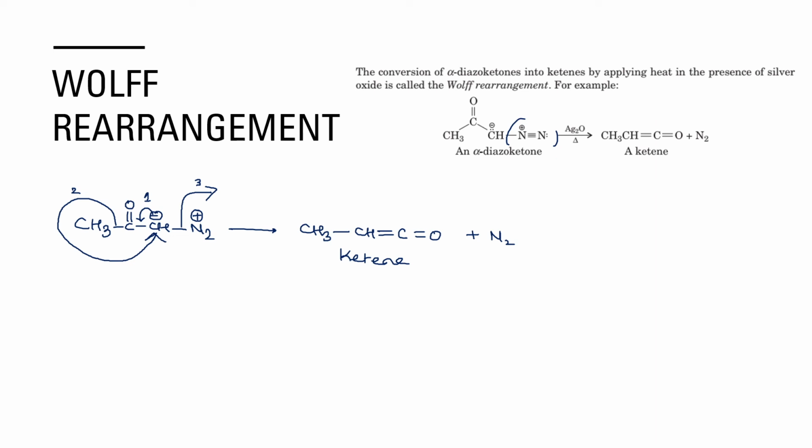You can understand this in this way too. Why is it said to be a migration to electron deficient carbon? You can break it down into two steps. You can form something like this: C double bond O, CH2 minus, N2 plus. If N2 leaves, then you will be getting CH3, C double bond O, CH2, something like this.